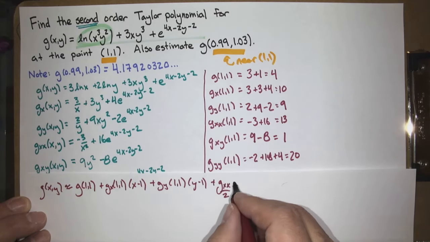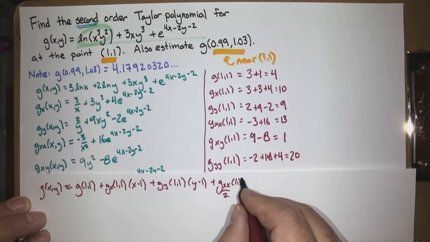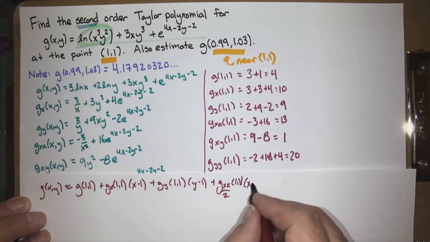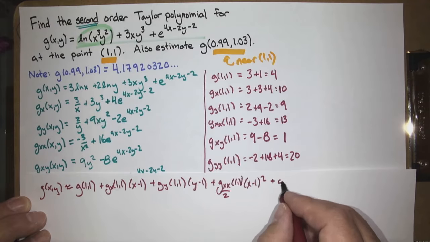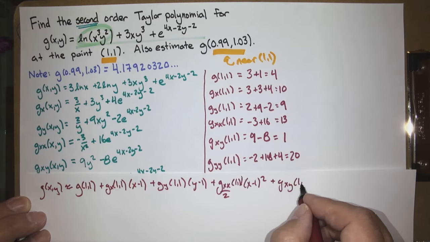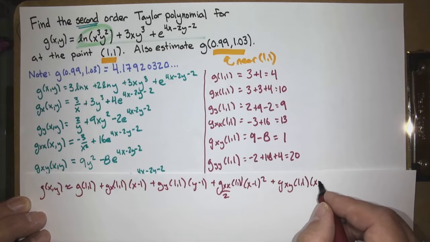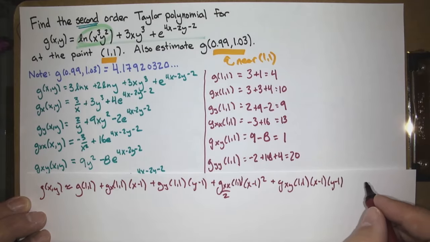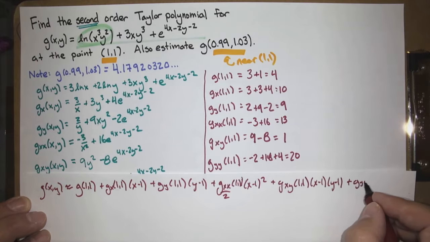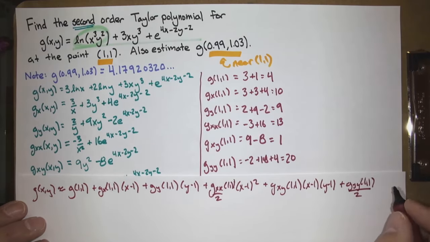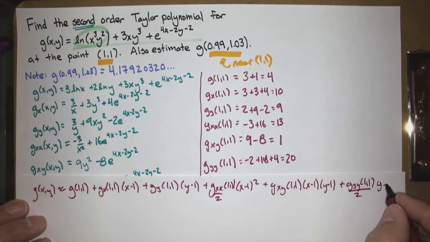So g sub xx at 1, 1 divided by 2 times x minus 1 squared, g sub xy at 1, 1 times x minus 1 times y minus 1, and g sub yy at 1, 1 divided by 2 times y minus 1 squared. See, it fits. It's like it was meant to be.